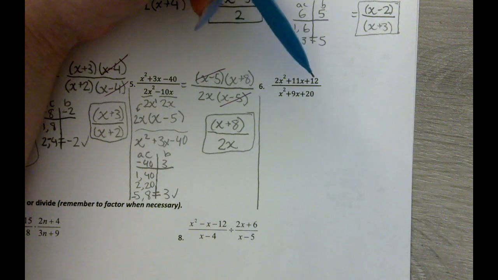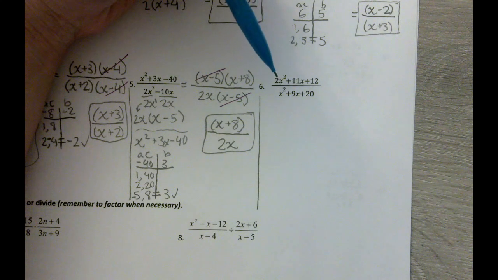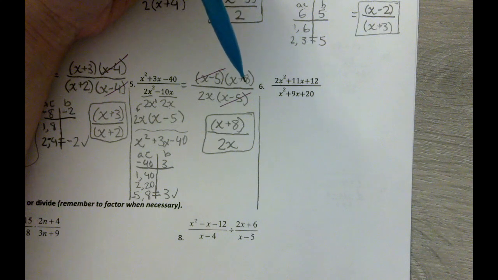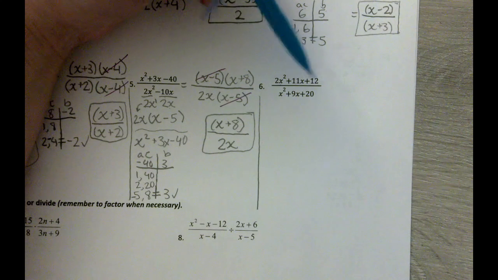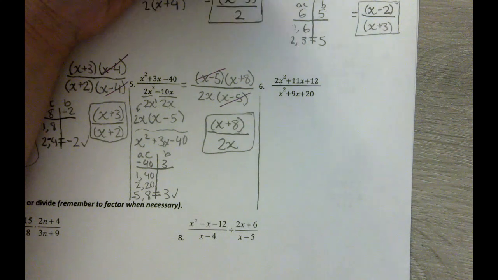If you don't pull out the GCF, in the majority of cases, I've seen a few where it's still worked out, but not many. In the majority of cases, if you don't catch the GCF and then you slide and divide, your answer will be incorrect because the slide and divide gets rid of the GCF and you don't realize it. So you do have to check for this.